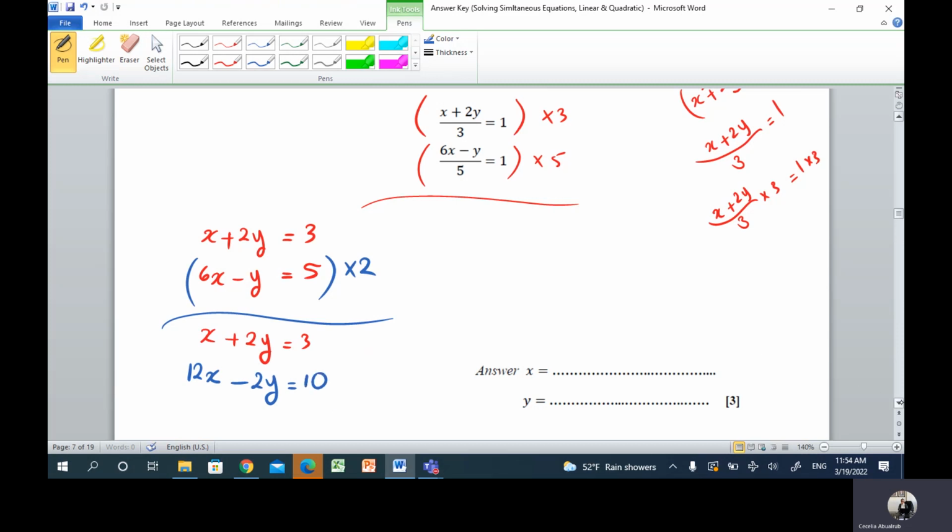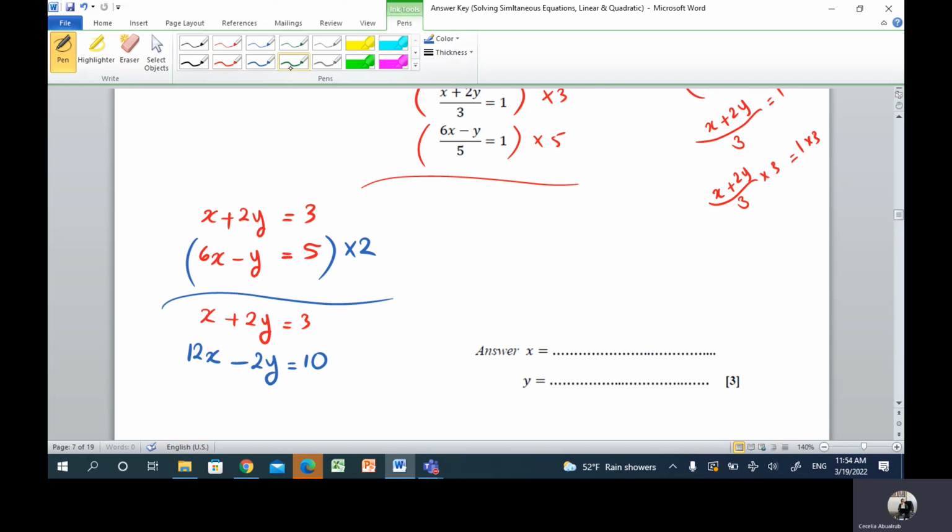The third step, we're going to get rid of y. I must remind myself, by adding the two equations or by subtracting. It's going to be by adding the two equations. Why? Because if we say x plus 12x, the answer is 13x.